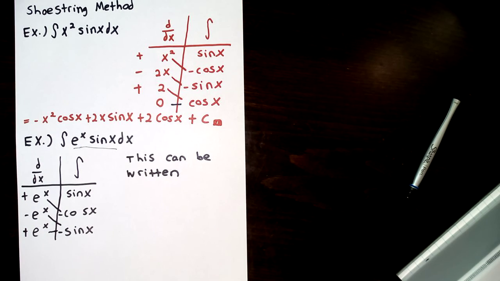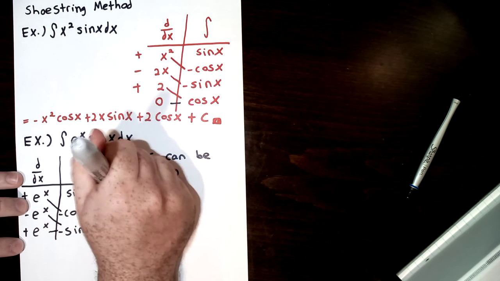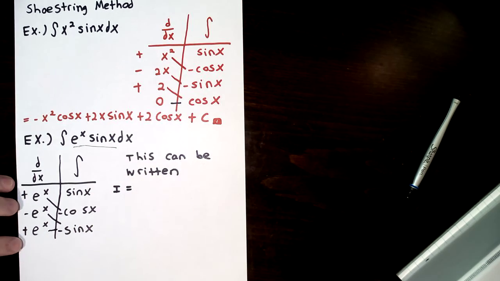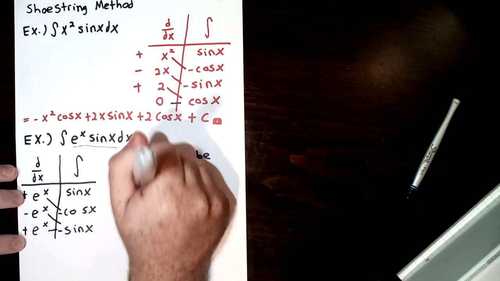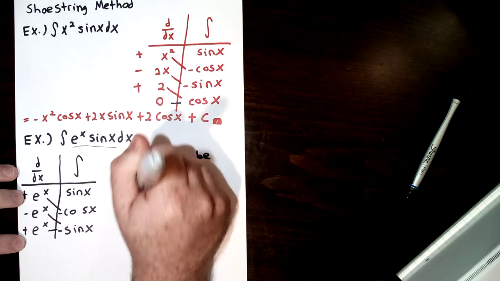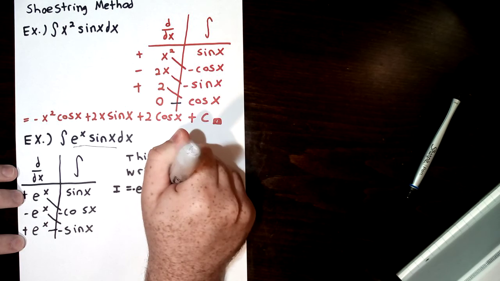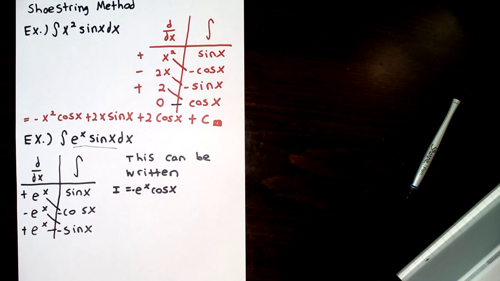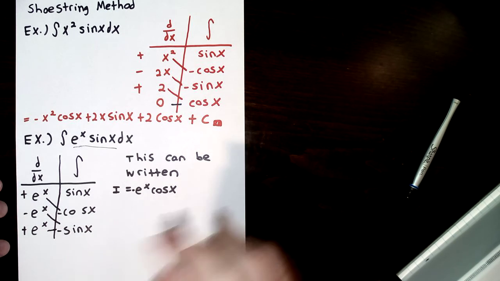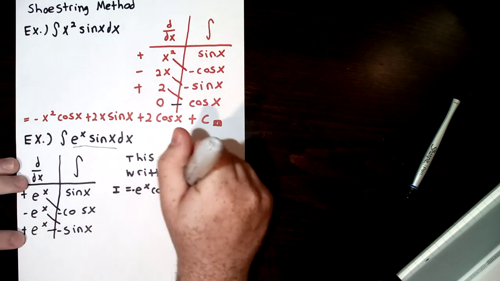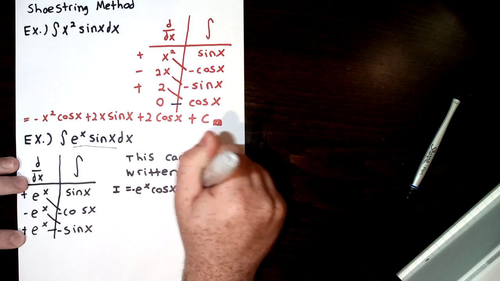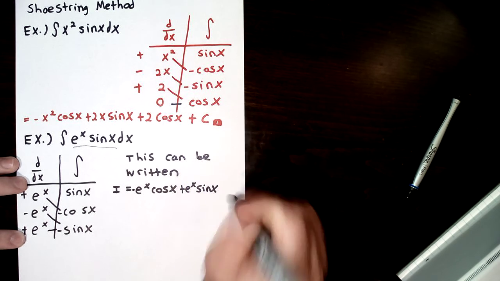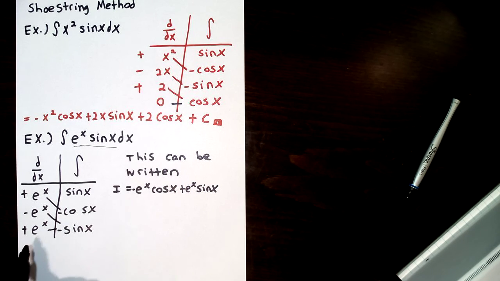This can be written as I equals negative e to the x cosine x plus e to the x sine x, because we have a minus negative. Then we have minus e to the x sine x, which is the original integral.